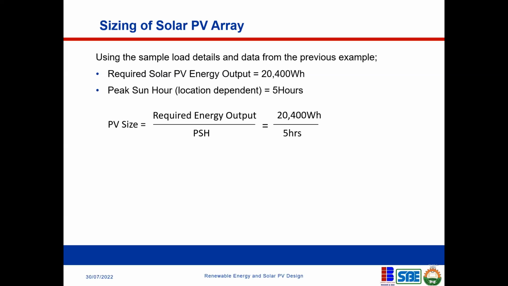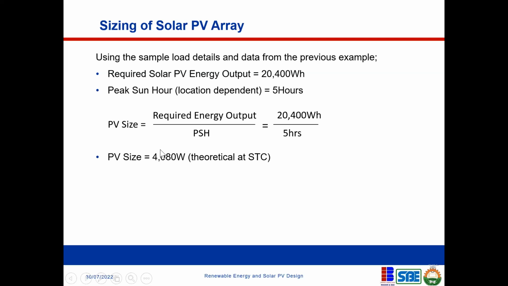So if you want to now determine the size of your PV, please divide the total energy that you want that PV system to produce, the total energy, including those days of autonomy, by the peak sun hour. So the total energy we need is 20,400 divided by the peak sun hour, which is 5. If you divide it, you will arrive at 4,080 watts.